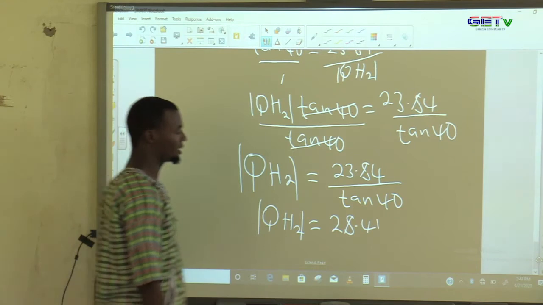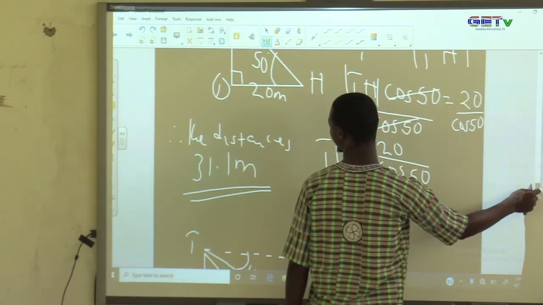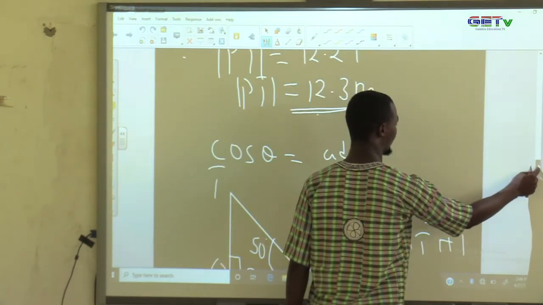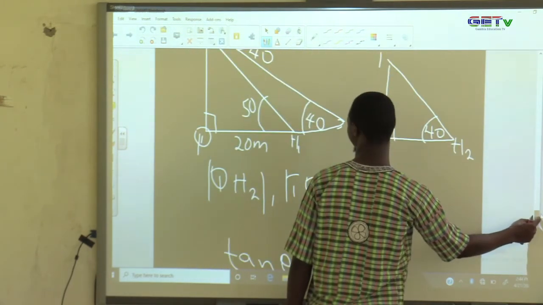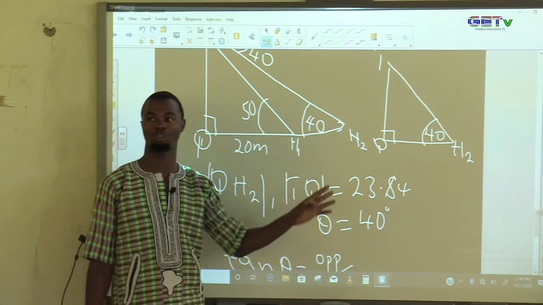This is the distance from the foot of the tower to the second position of H.